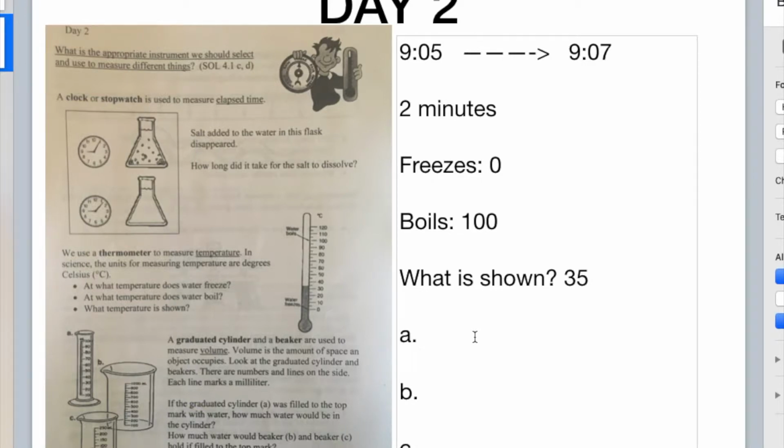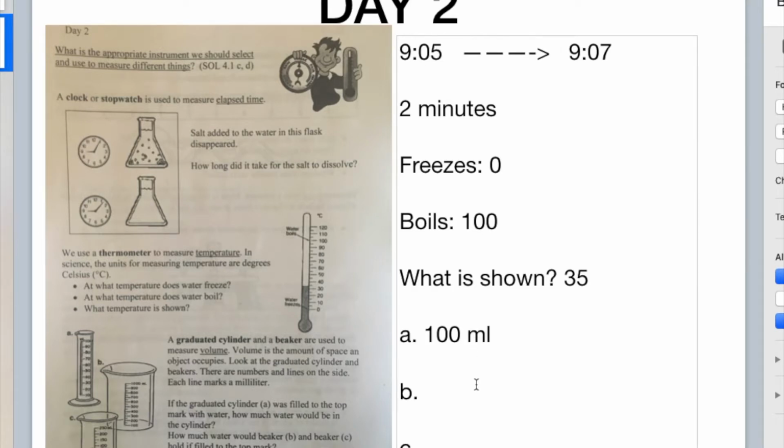If the graduated cylinder A was filled to the top mark with water, how much water would be in the cylinder? And if you look at the picture of the graduated cylinder A, the top mark is 100 milliliters.